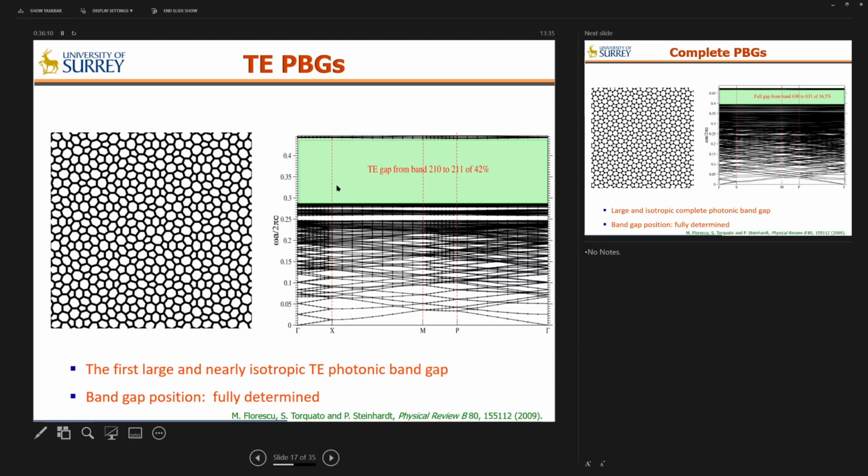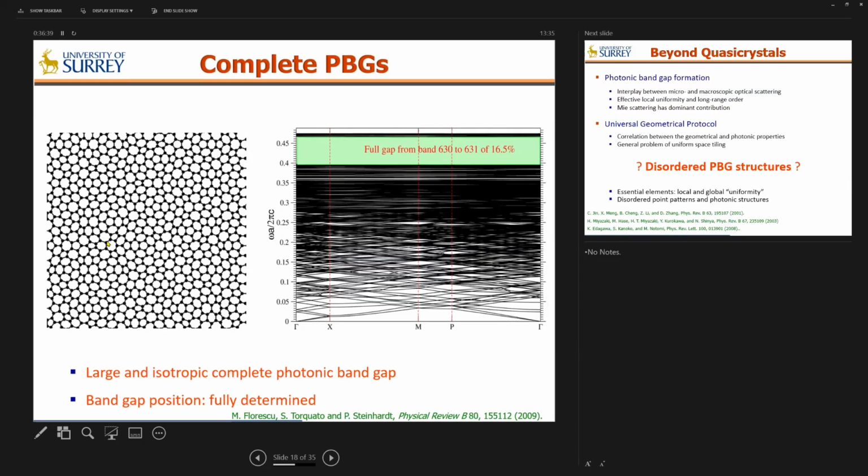If we calculate the TE bandgaps for this structure, we obtain a beautifully defined 42% of the central frequency, an extremely large photonic bandgap, which has the very same property. The band at which the bandgap occurs, the band number over here, is equal to the total number of cells in the structure. So clearly, this is associated with the resonances supported by individual cells.